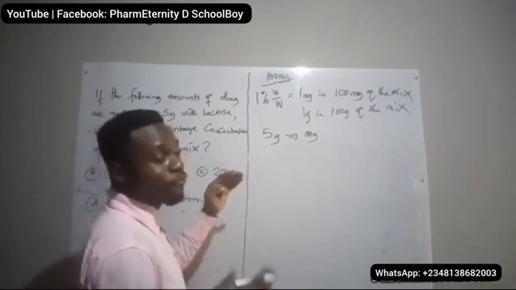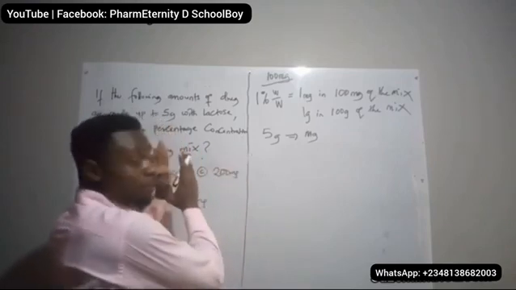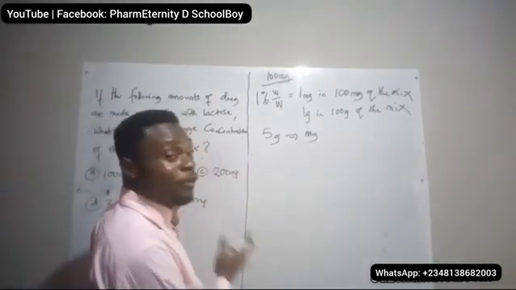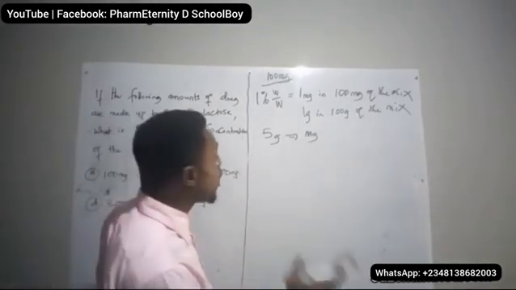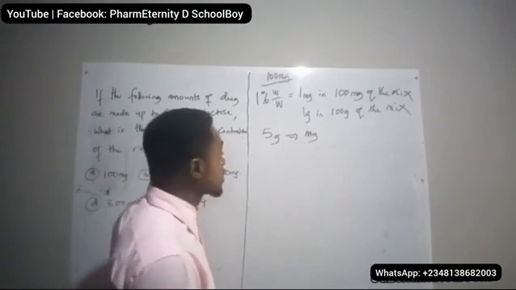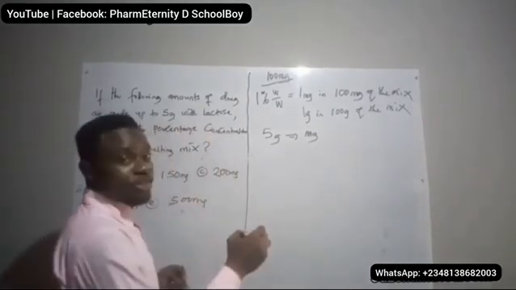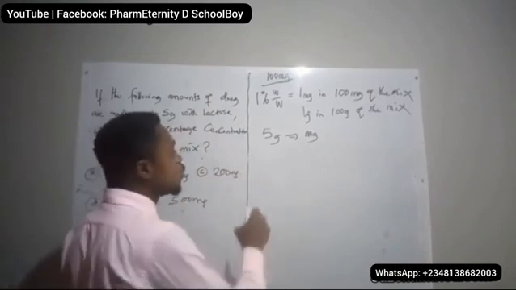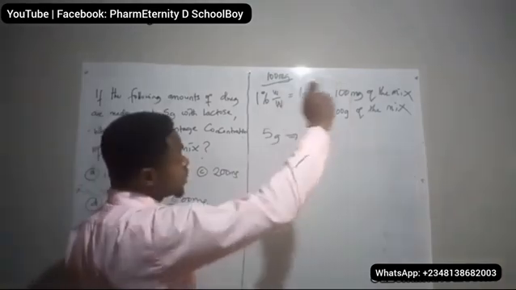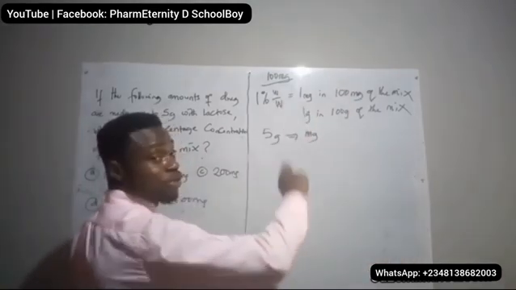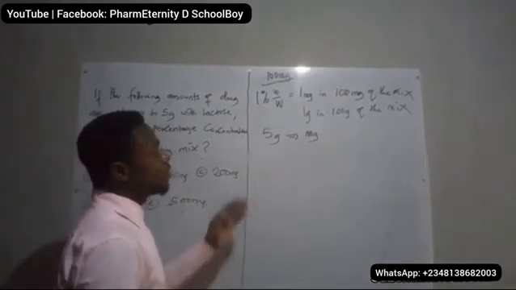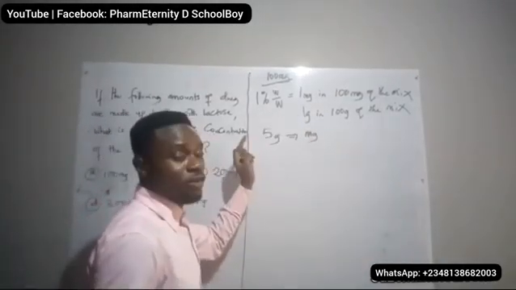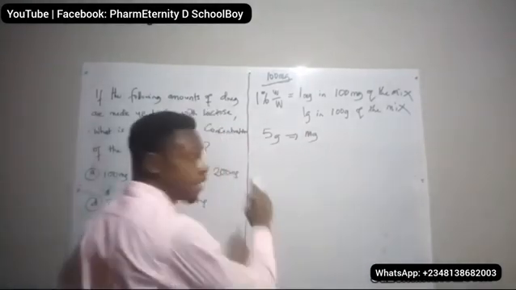Here we are moving from gram, which is higher, to a lower one, milligram, so the direction of the decimal movement will be to the right. So there will be a 3 decimal movement to the right to convert 5 grams to milligram.